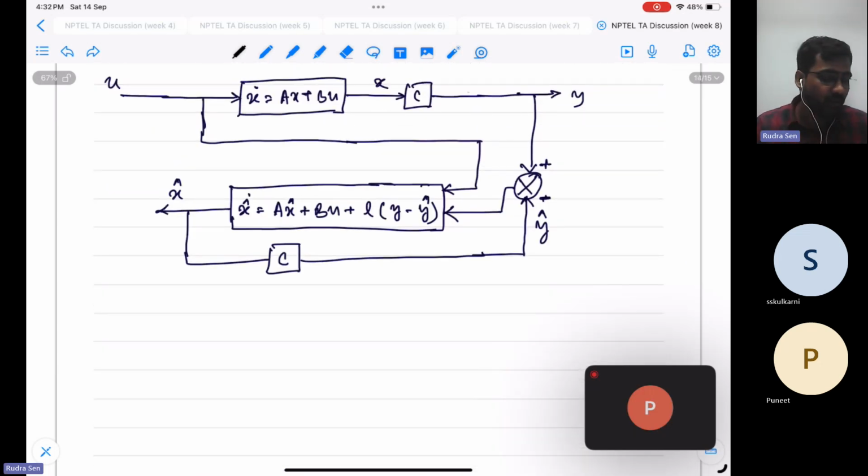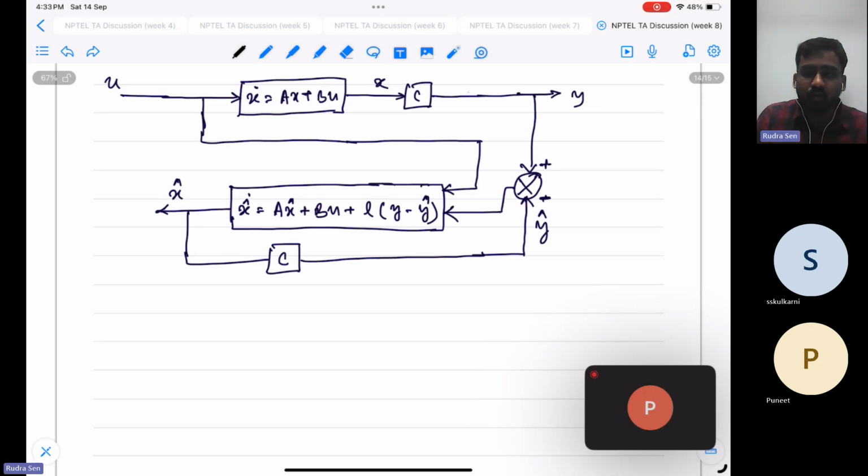Now, since I have already talked about the controller and observer form, we do not design the observer single-handedly or the controller single-handedly for a system. For a system, we need to design both together.